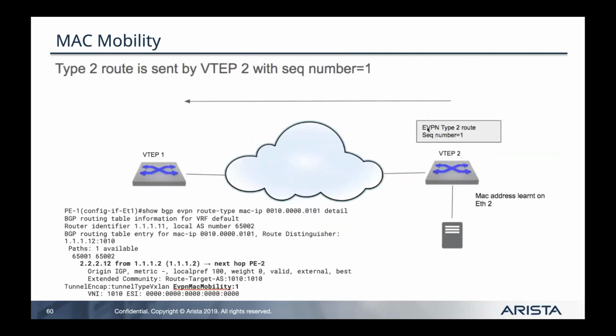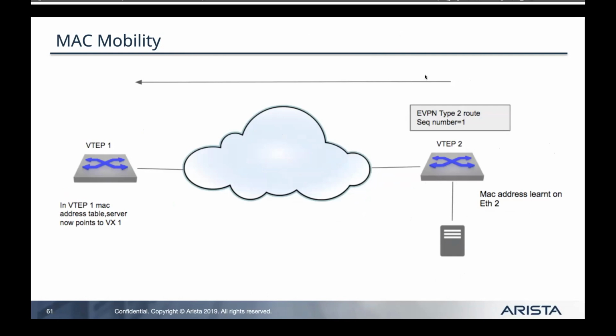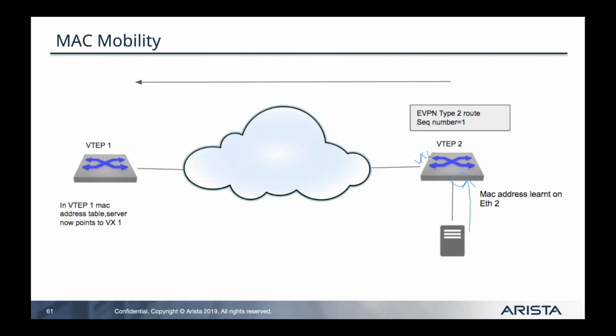Now what happens is, let's say we move that host from VTEP1 to VTEP2. This one will learn the MAC locally. As soon as it learns the MAC, it knows that it has already learned that MAC from another VTEP. Now, to send the updated message, because VTEP3 also initially learned that MAC through VTEP1, and now this one has learned it locally, it will generate the type 2 route but with an incremented sequence number.